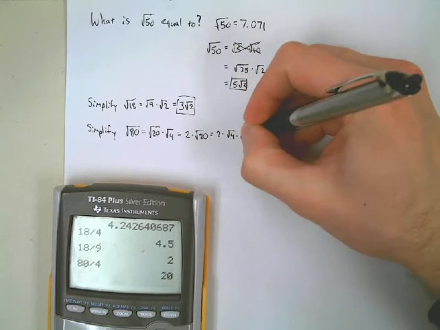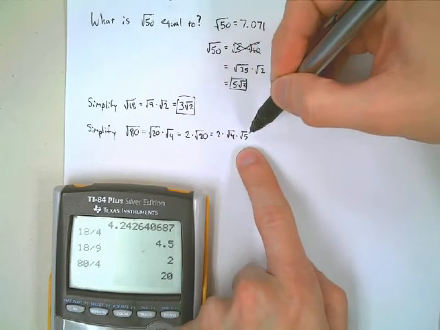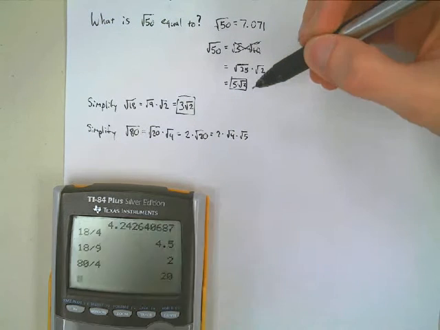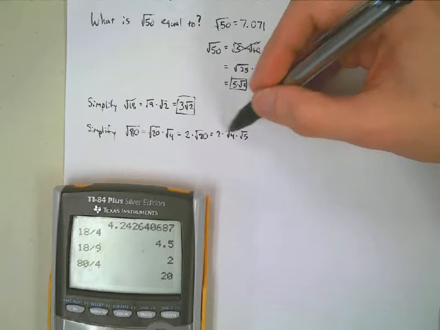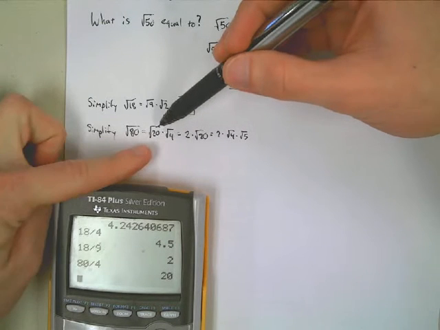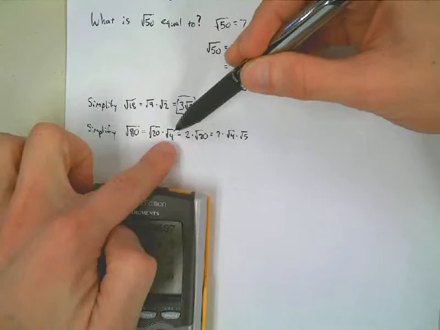The 2 there comes from simplifying the square root of 4, so it's 2 times the square root of 20.